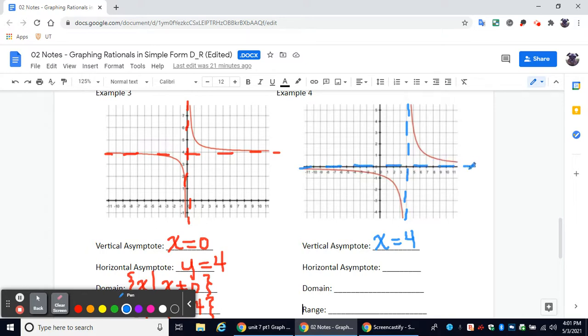Looks like our horizontal asymptote has remained at y equals 0. So in this case, our domain is going to be all real numbers except for 4. And our range is all real numbers except for 0.